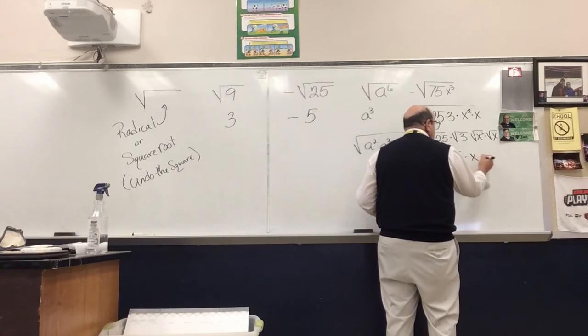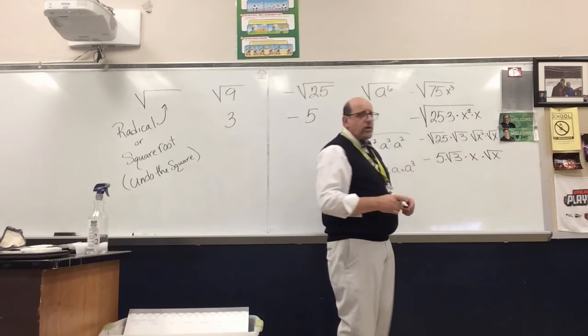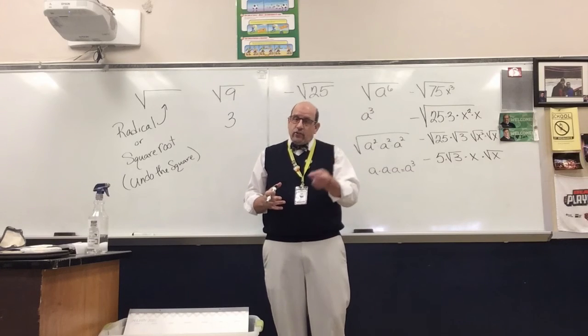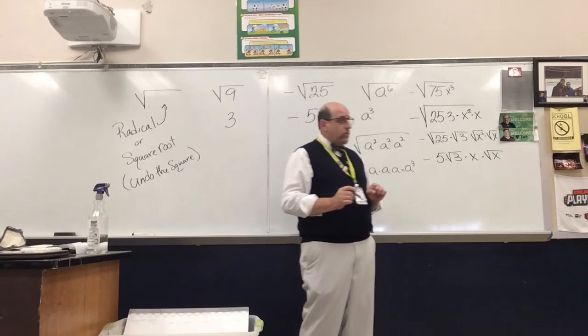And I'm going to put multiplication symbols in the middle and do that. Can I take the square root of x? No, it's just one of them. If it were x squared, we could take the square root of it, but just x, we can't take the square root.